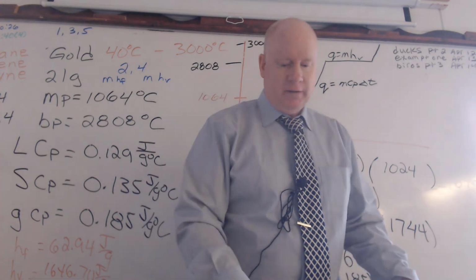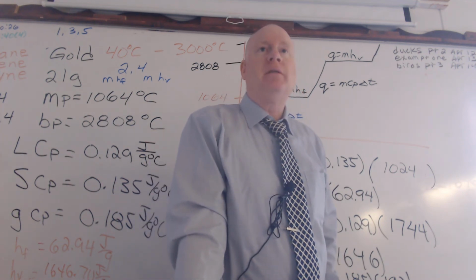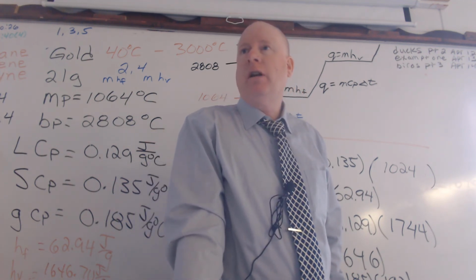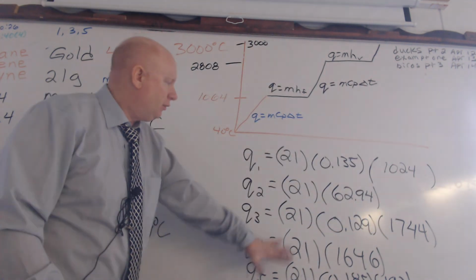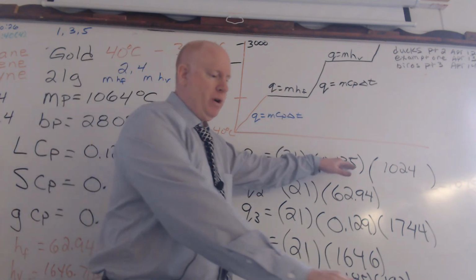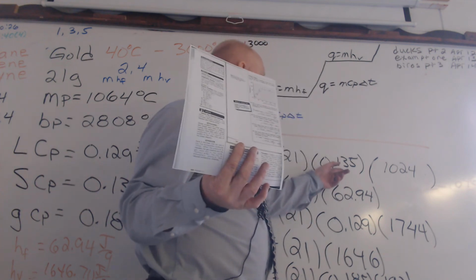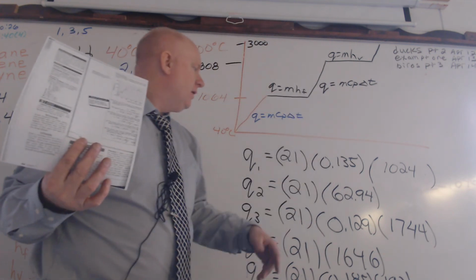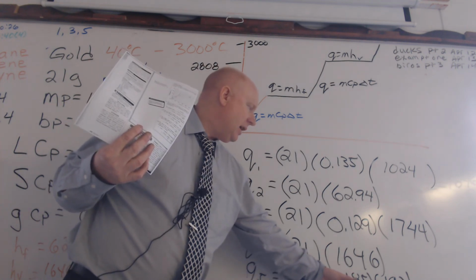Like, for instance, in number 3, you're going to use 24.5 grams of water, or H2O. You're going to use that 5 times. That goes here. Okay? Somewhere on here, it gives you the specific heat of solid water, specific heat of liquid water, and specific heat of gaseous water.